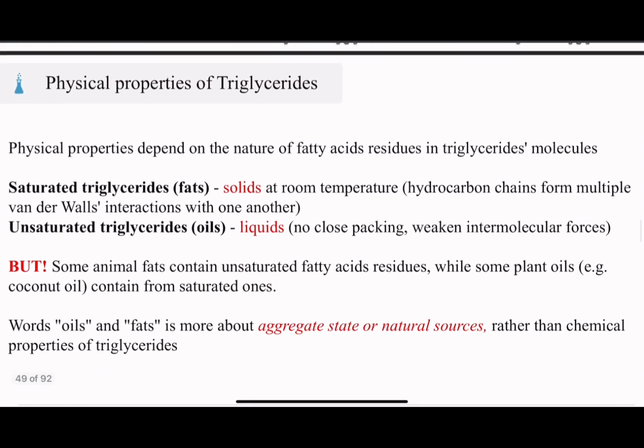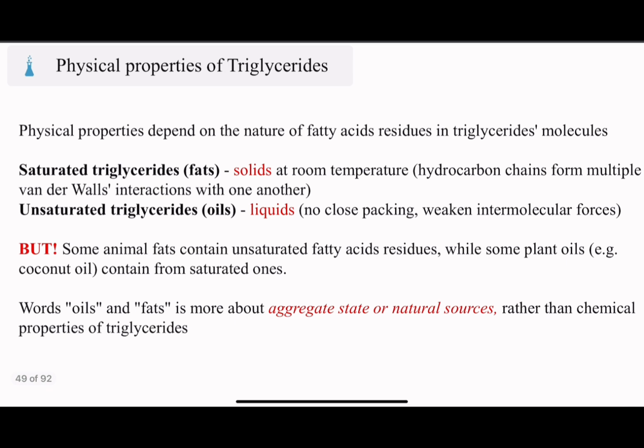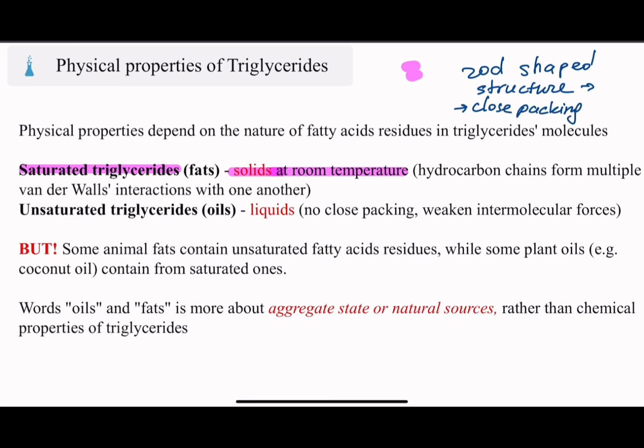Okay, so now about the physical properties of triglyceride. Again, saturated triglycerides are mostly solid at room temperature. I told you, because of the rod-shaped structure, it gives you a chance for close packing, and close packing gives you higher density, which gives you a higher melting point.